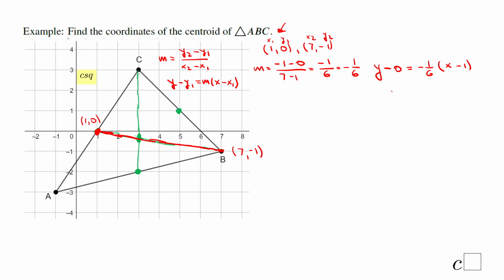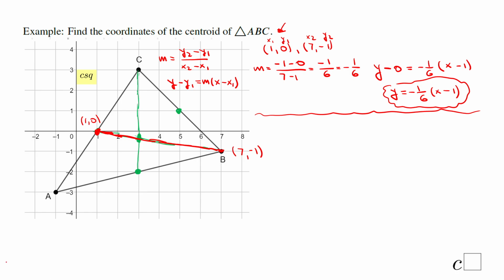So we have here y equals -1 over 6 times (x minus 1). We can leave it like that, or we can do the distributive property. But we're going to need this equation of this red line, so I'm going to box it, and I'm going to move to the next line.